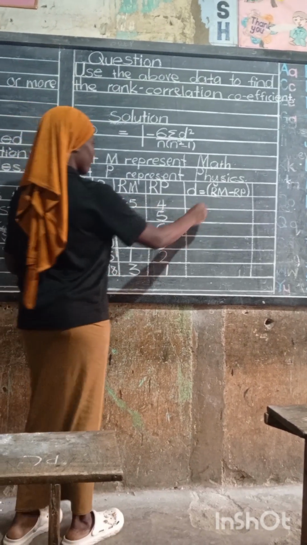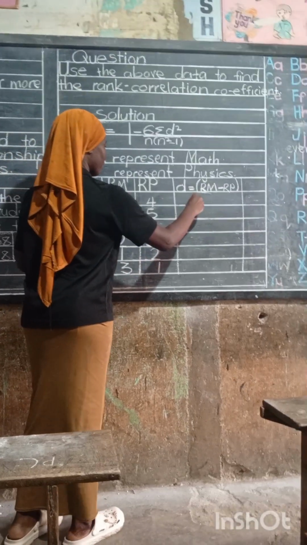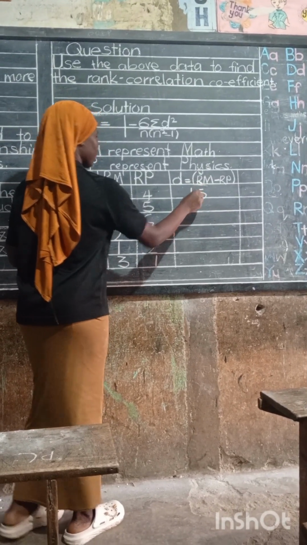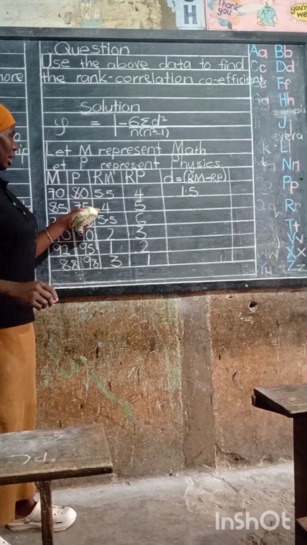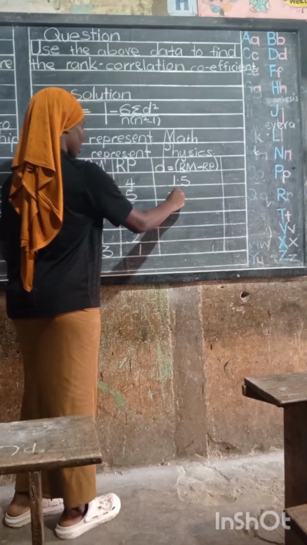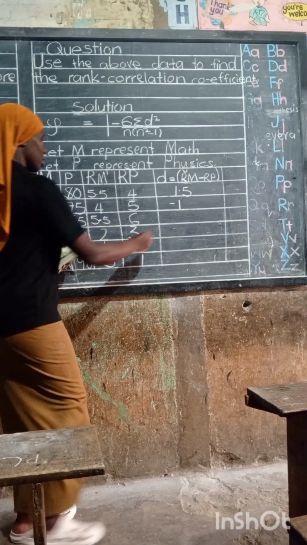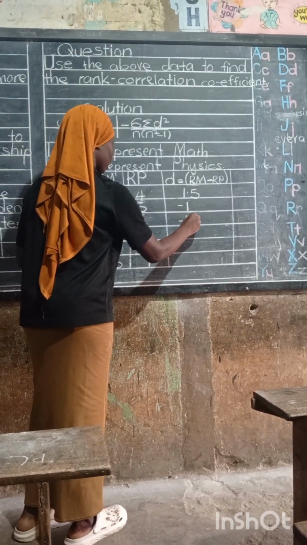Here I'm getting 1.5. 5.5 minus 4, that is 1.5. Here I have 4 minus 5, and there I'm going to get a negative 1. 5.5 minus 6 is going to be a negative 1.5.